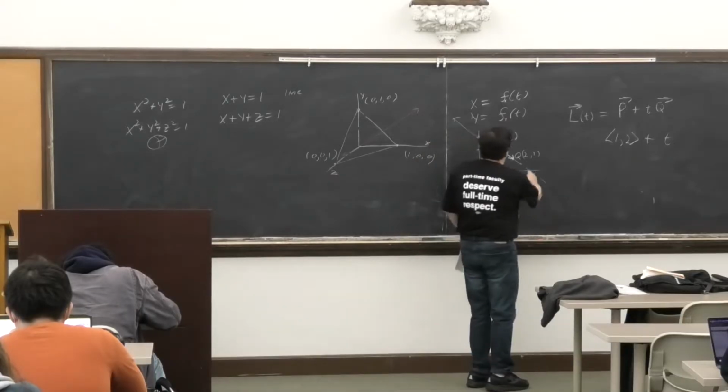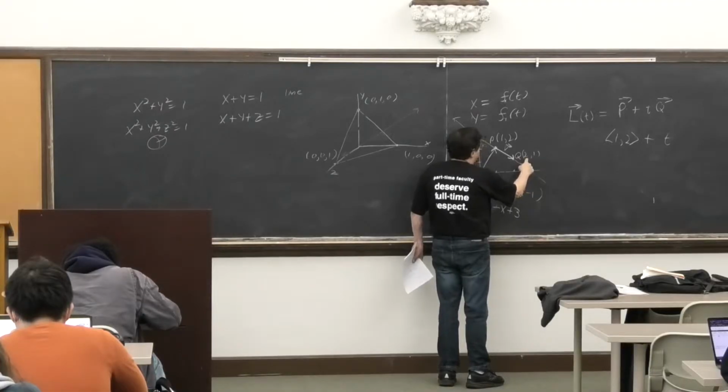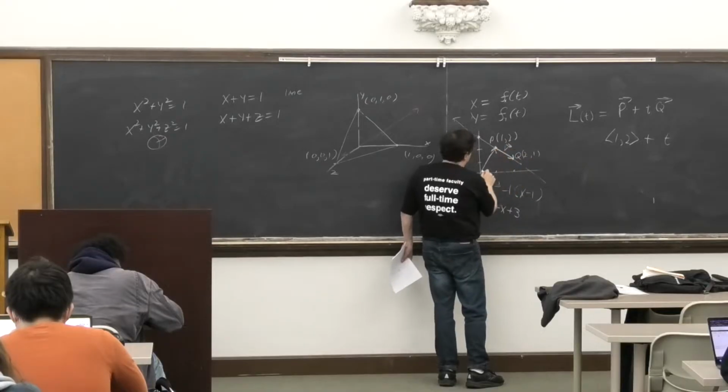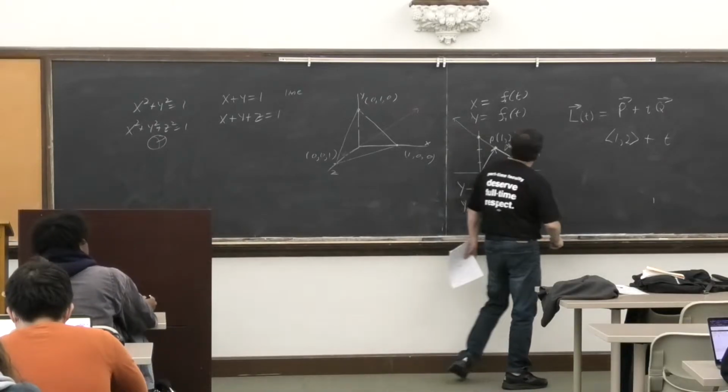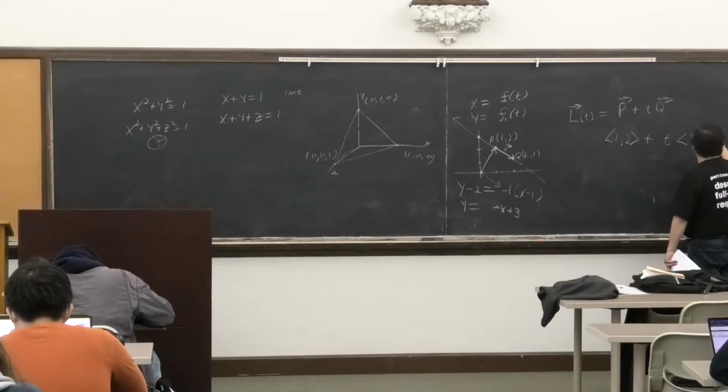Okay, so how do we do that? We're going to subtract what? We're going to subtract 1, 2 from this point to move its tail over here. So we're going to subtract what? 2 minus 1 is 1, and 1 minus 2 is minus 1.